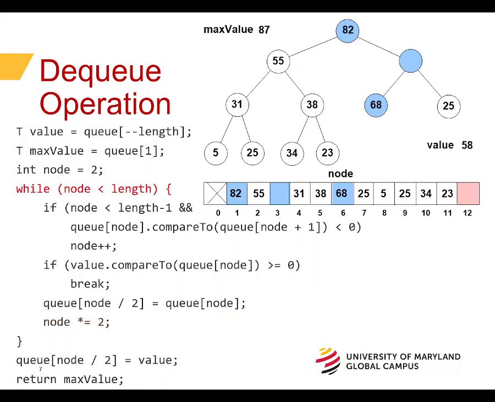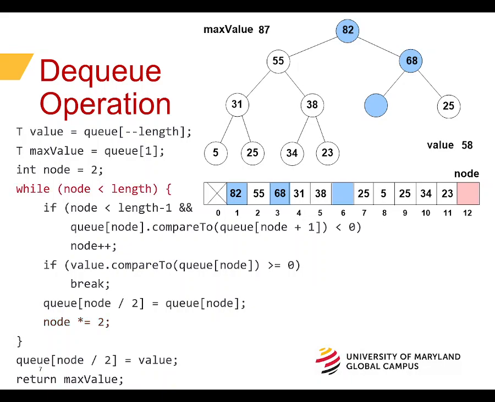The while condition is still true. 68 is not less than 25, so the left child is larger. The contents of value, 58, is not greater than or equal to 68, so the loop does not exit. So 68 is moved to its parent from position 6 to position 3, and node becomes 12.